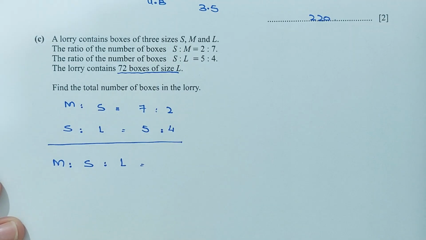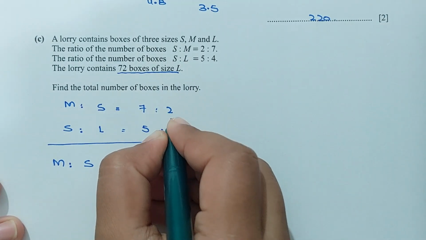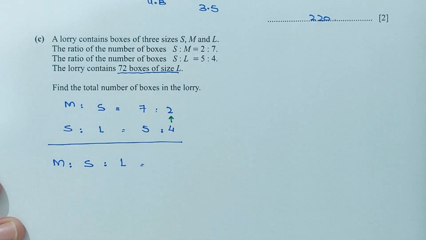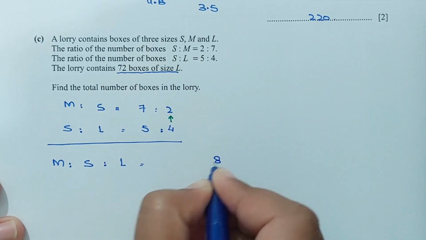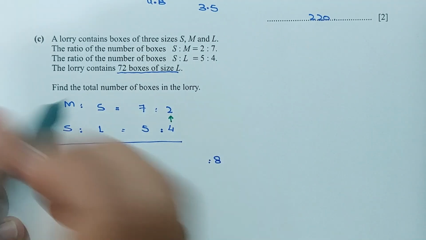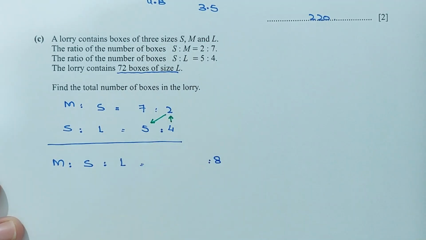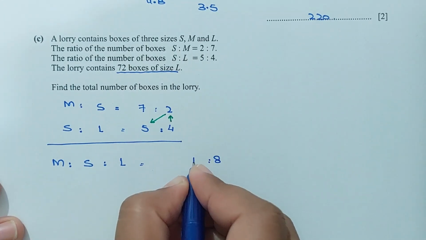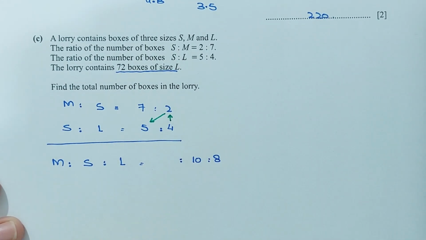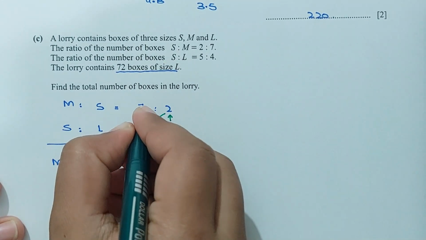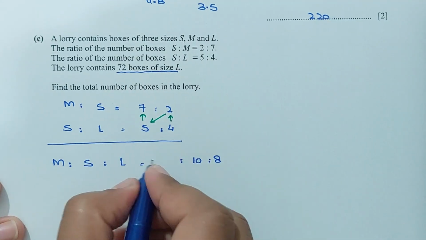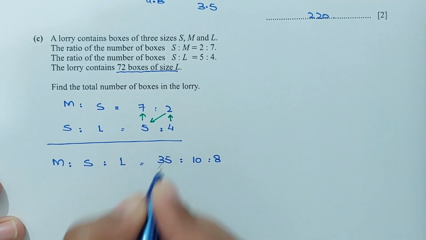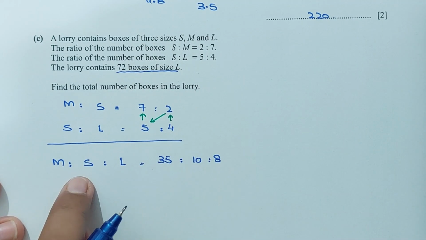So what we're going to do, first we have to do the product. 4 times 2 is 8. And the next is 2 times 5, which is 10. And the next is 5 times 7, which is 35. Now the medium is 35, small is 10 and large is 8.